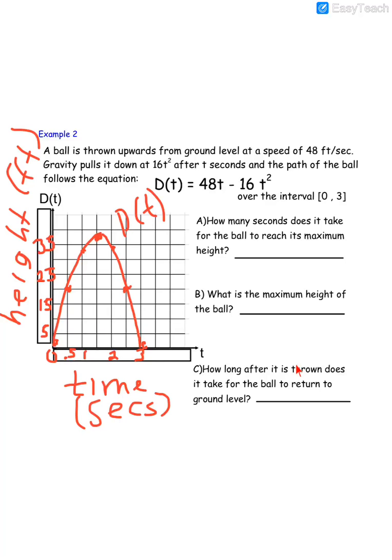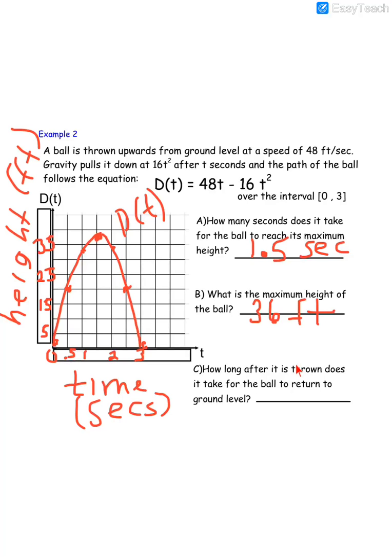After how many seconds does it take for the ball to reach its maximum height? So that's 1.5 seconds. What is the maximum height? So if I'm looking on the calculator, the vertex is 1.5 comma 36, so it's 36 feet. Don't forget to make units on here. How long after it is thrown does it take for the ball to return to the ground level?